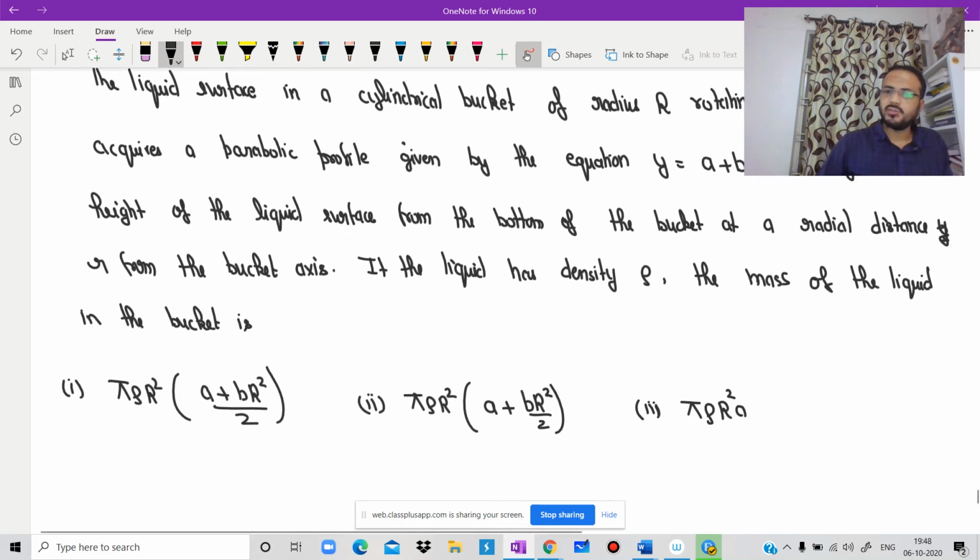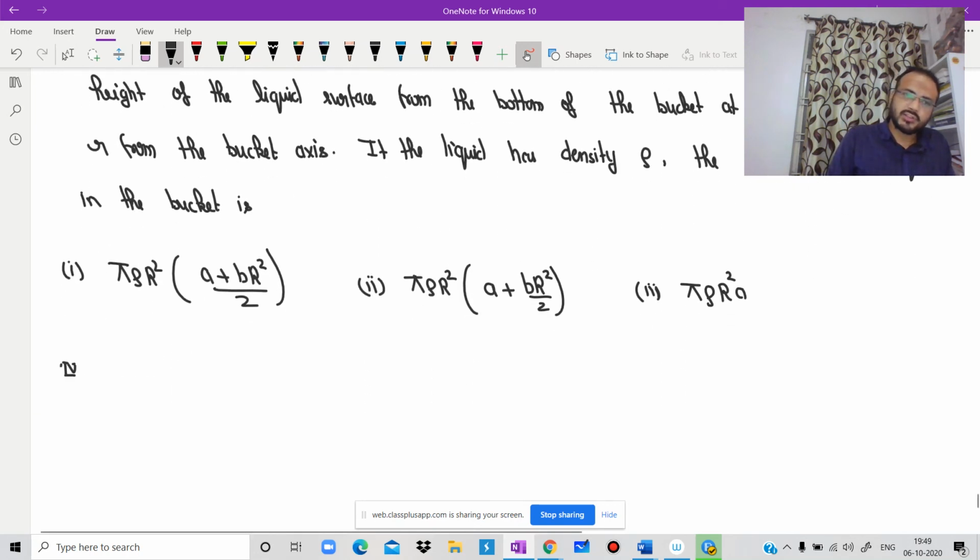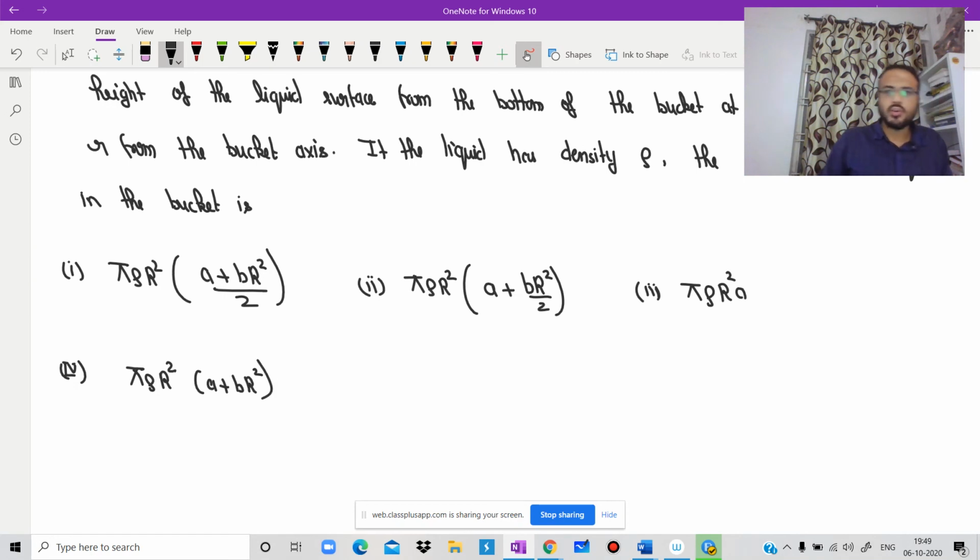I need an answer from each and every student. If you have understood the derivation, then this question is very simple for you. Solve it. That's why GATE is a conceptual type of paper, not mugging up the things.